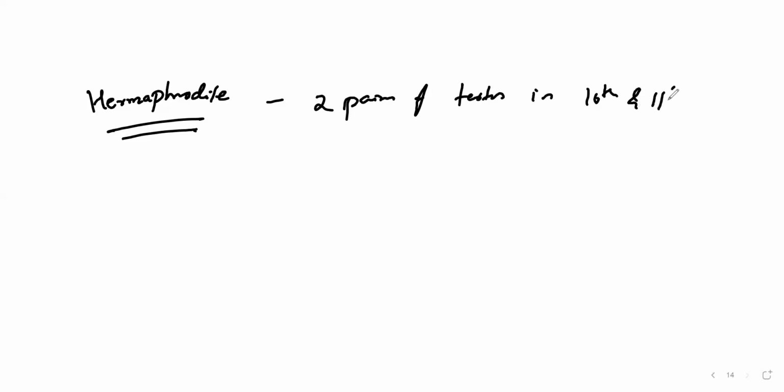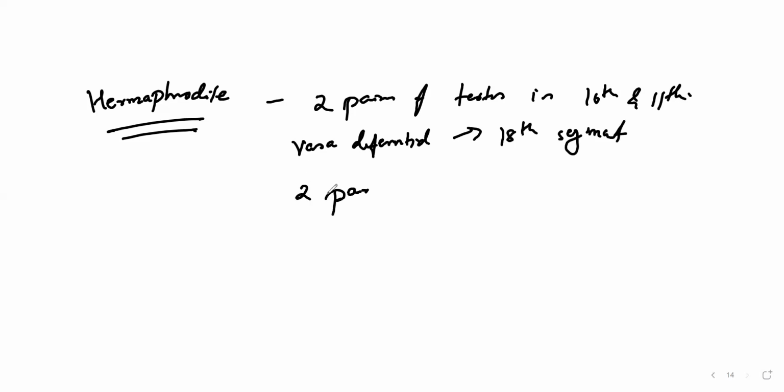Hermaphrodite means what? They will have two pairs of testes in the 10th and 11th segments, plus the vasa deferentia going till the 18th segment. They will also have two pairs of accessory glands in the 17th and 19th.